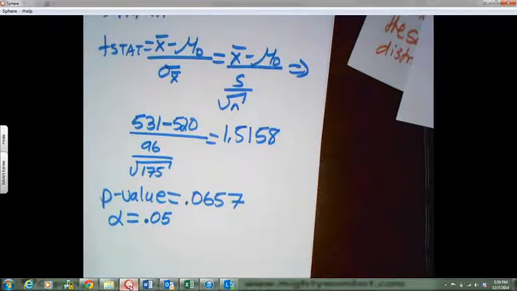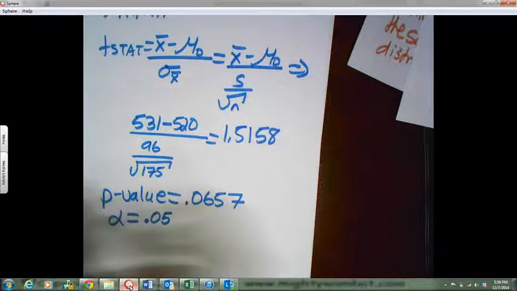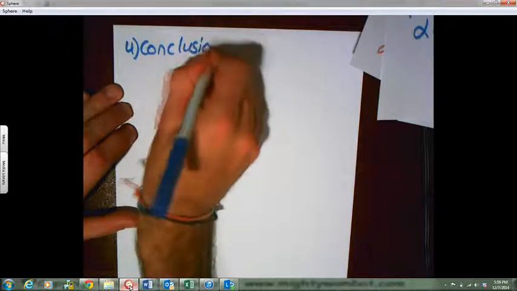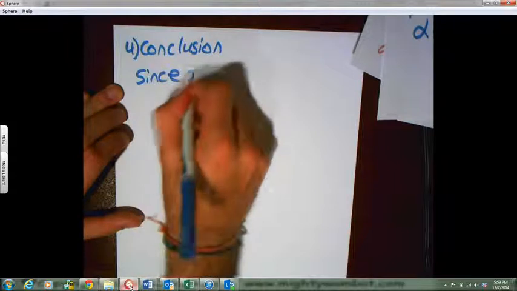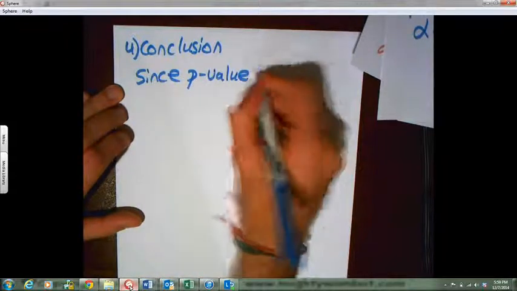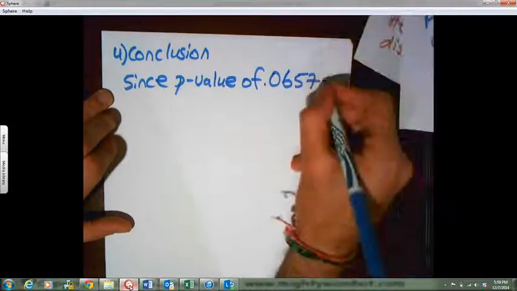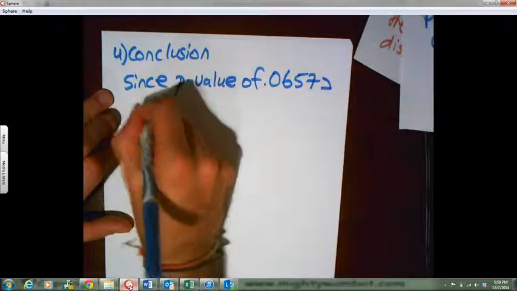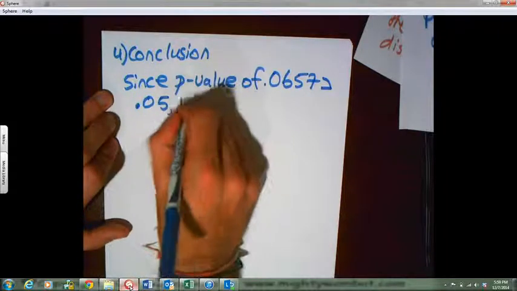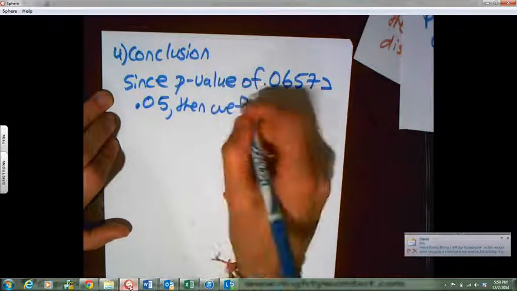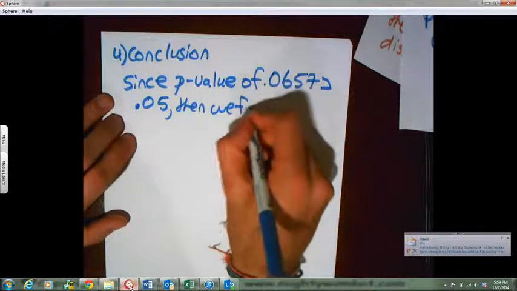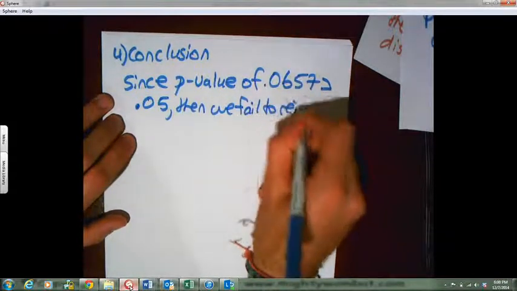And now the last piece is the conclusion. So I would say since the p-value of 0.0657 is greater than 0.05, then we fail to reject, which is the same thing as saying accept.